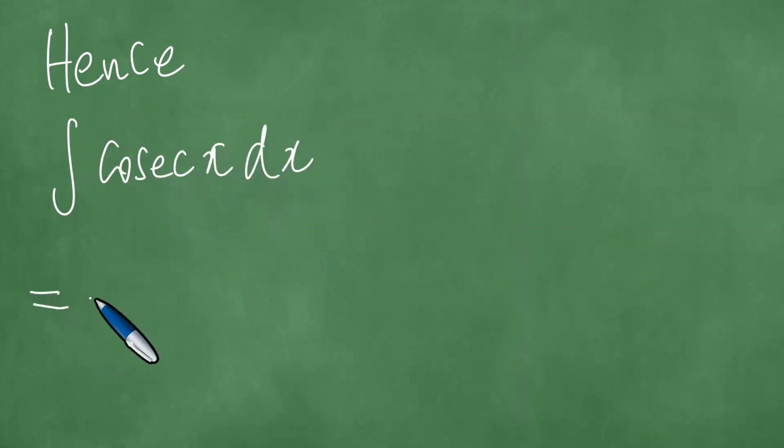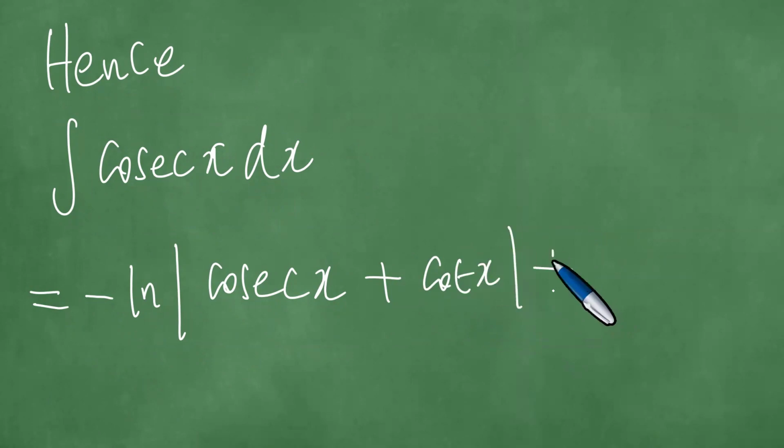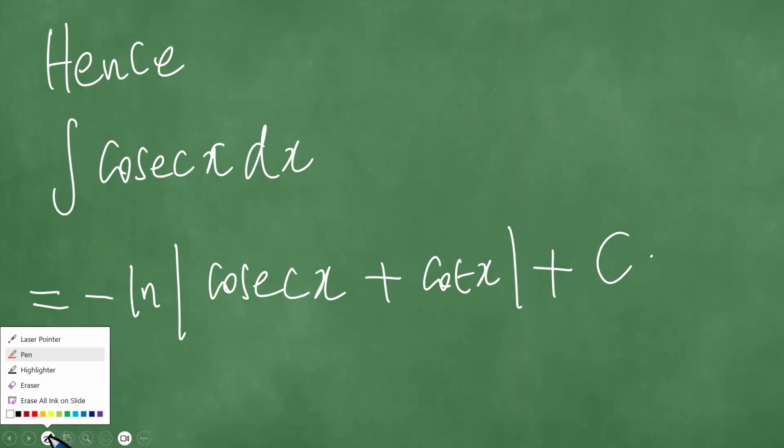This integral here is the natural log of cosecant of x plus the cotangent of x plus c, like so. And so this integral of the cosecant of x with respect to x is negative the natural log of the cosecant of x plus the cotangent of x plus c. We proceed to do further investigations. Now, we have got results of this. So now let us do a bit of comparison here.